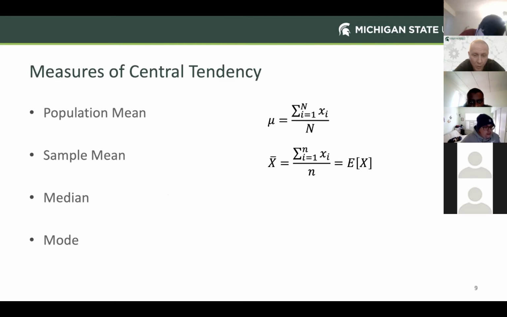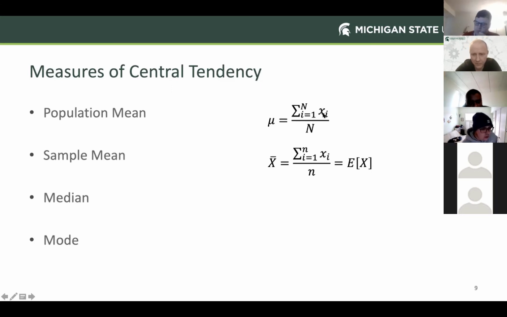So in this case, we would be using X bar to estimate from a sample what mu would be for the entire population, okay? In either of these cases, we've calculated the mean many, many times, I'm sure, over the course of our academic careers. All you're doing is, we've got observations, so we're measuring some variable X. That variable X is indexed to a specific observation, so here, X sub i, where i is the subscript.